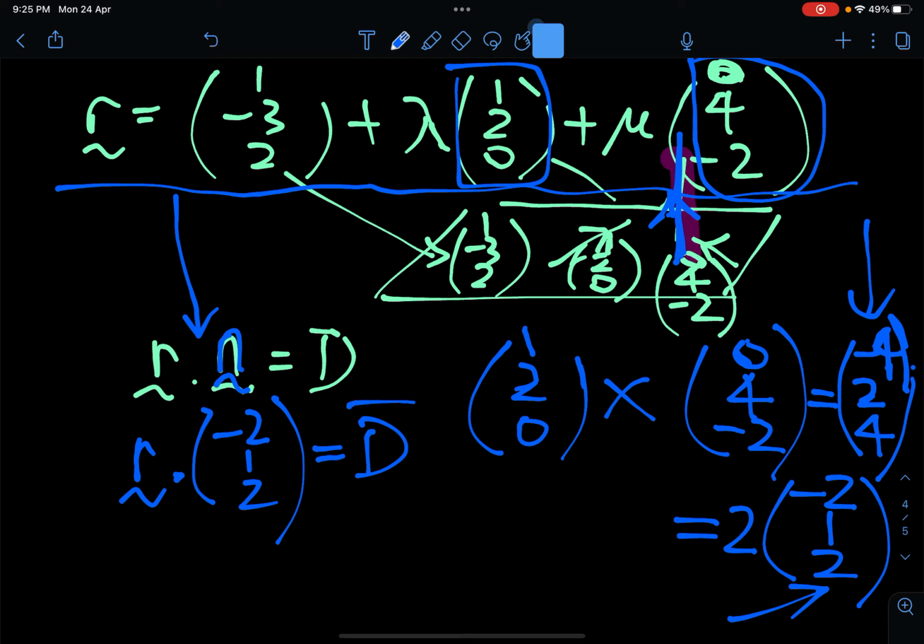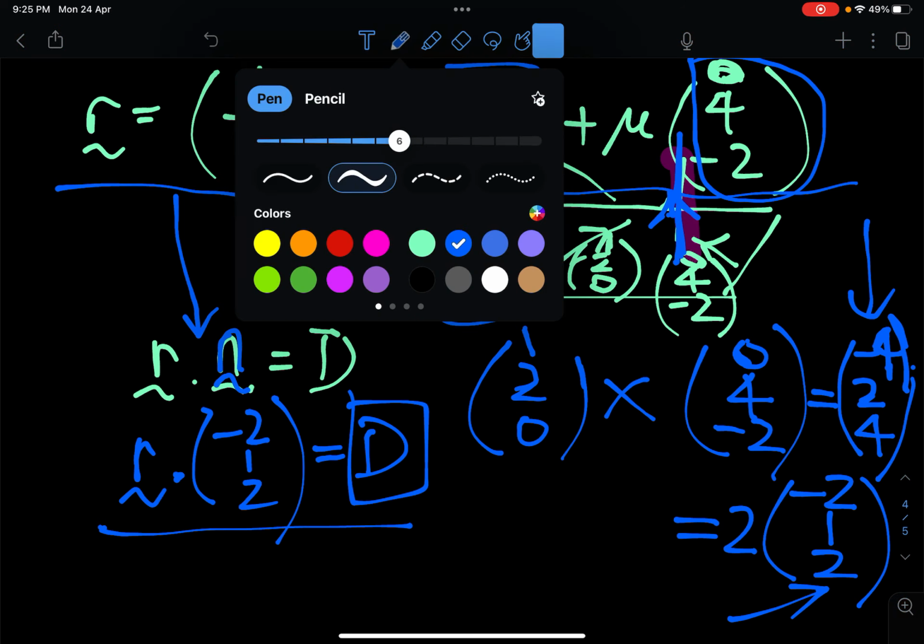But what is this number, d? You remember from yesterday's lesson, any point that is on the plane will satisfy this. So what you simply need to do is, you know that this is a point on the plane.